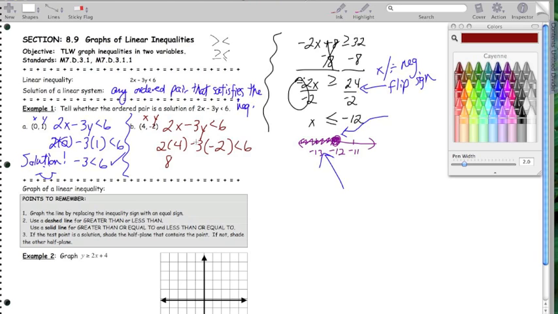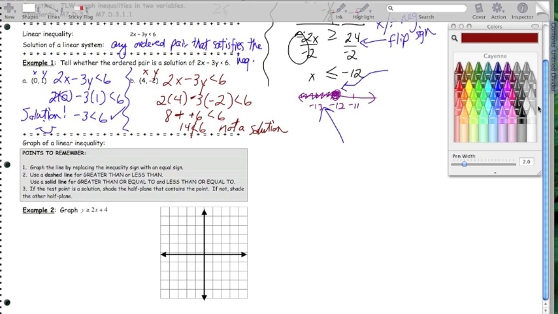I'm going to bring this minus sign down. Now I have 3 times negative 2, which is negative 6. 8 minus a negative is plus a positive, so I get 14 less than 6. Is that true? No. So this is not a solution. That means this point does not fall under what that inequality is saying.